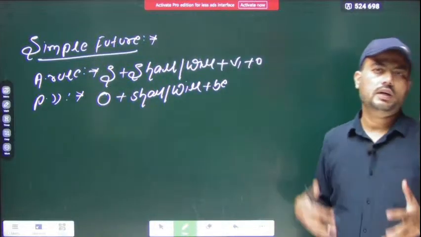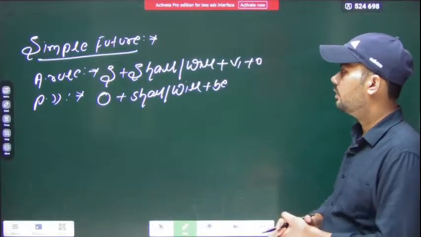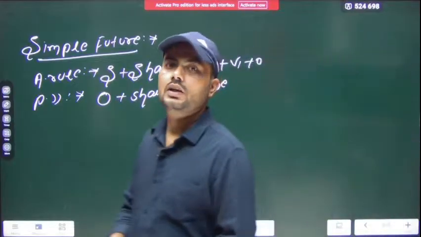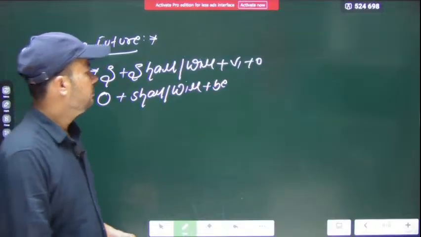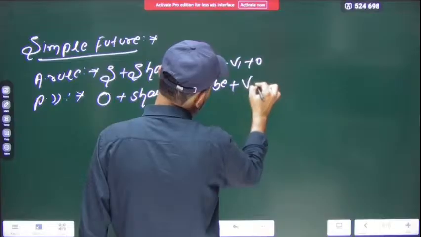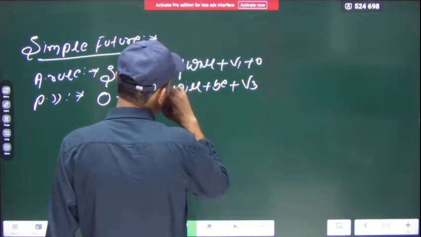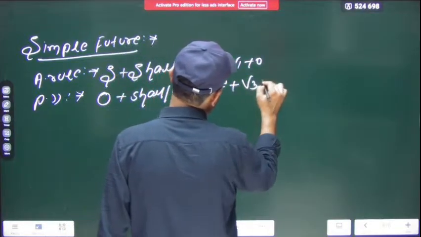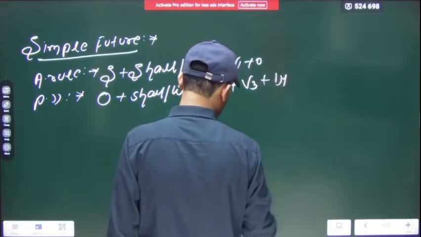If you ever put verb 3 directly after a modal verb, your rule will be considered wrong. So to support shall or will, we will use be in the middle. After be we can write verb 3.